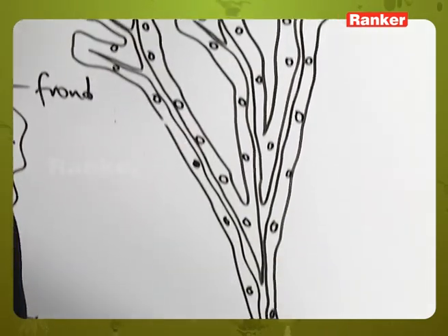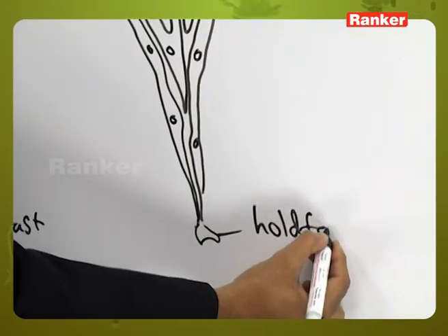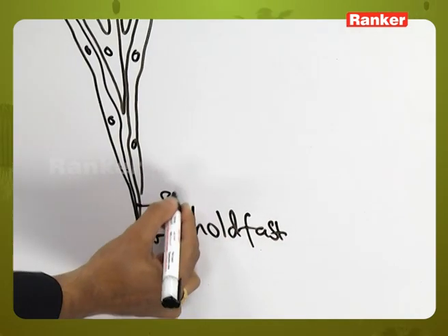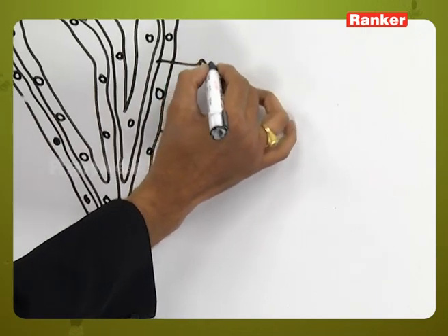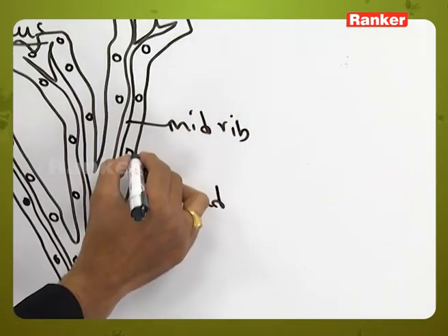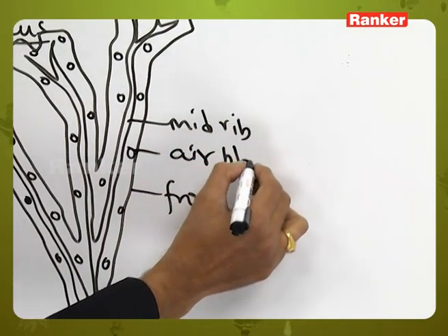So this is the hold fast, stipe, the frond with a midrib and the air bladders.